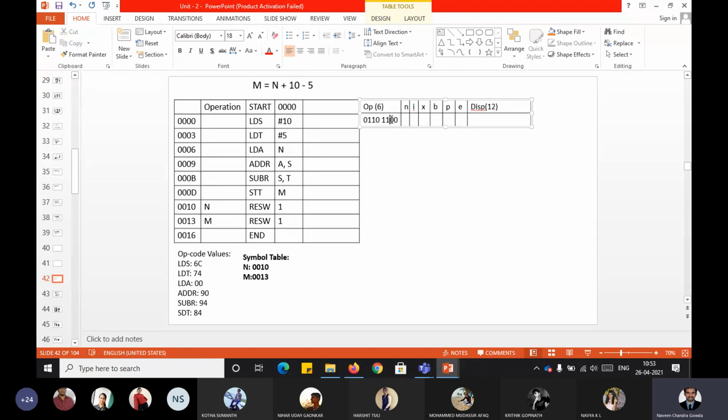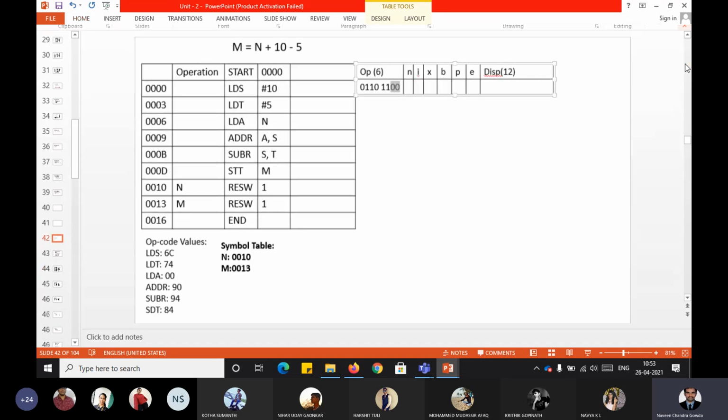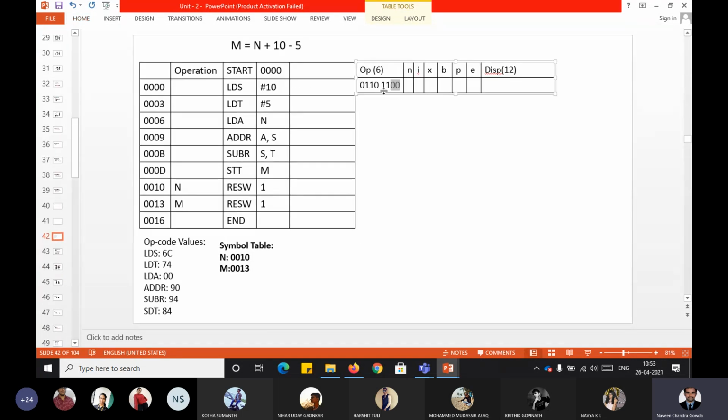So what you have to do is neglect the last 2 bits, whether they are ones or zeros. I repeat, if you are not getting it, please ask me. This is very important and very simple as well. The opcode of LDS is 6C.